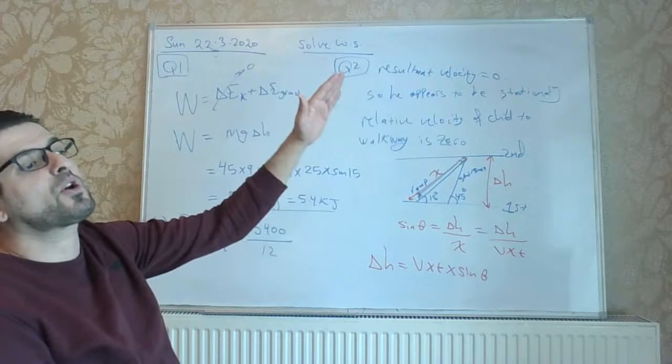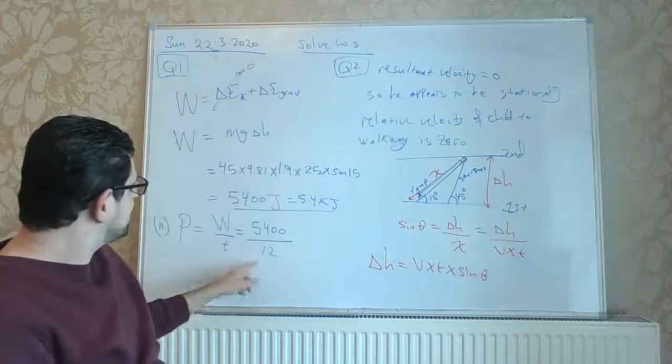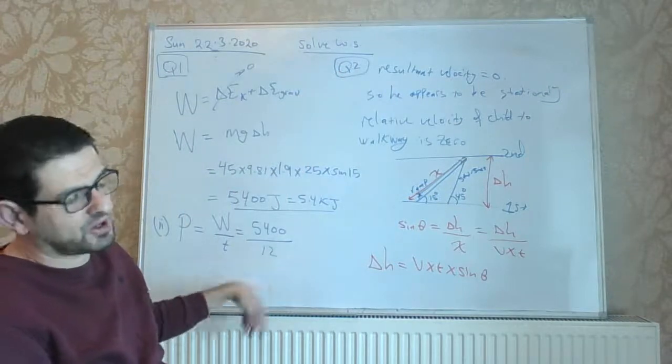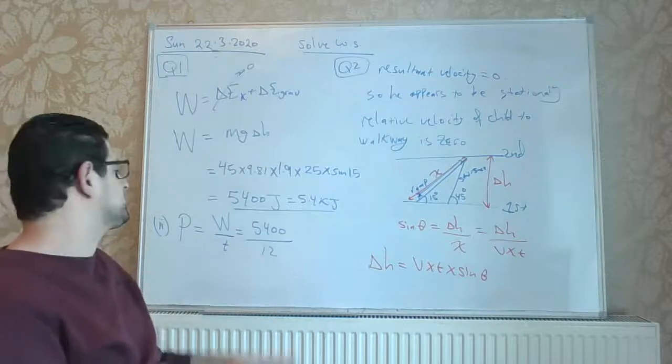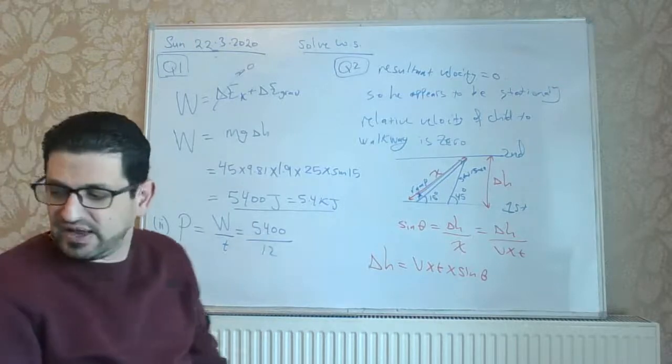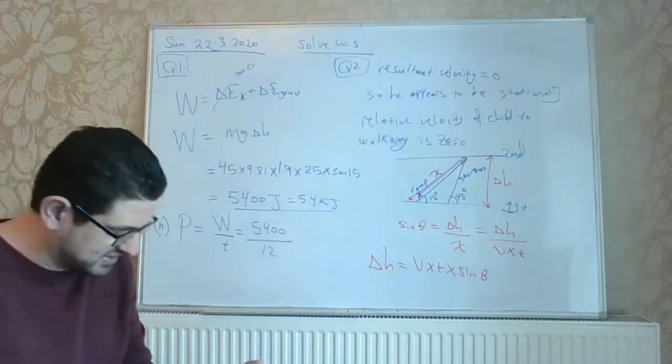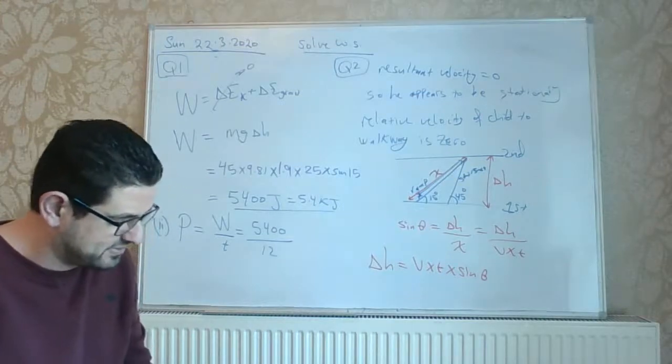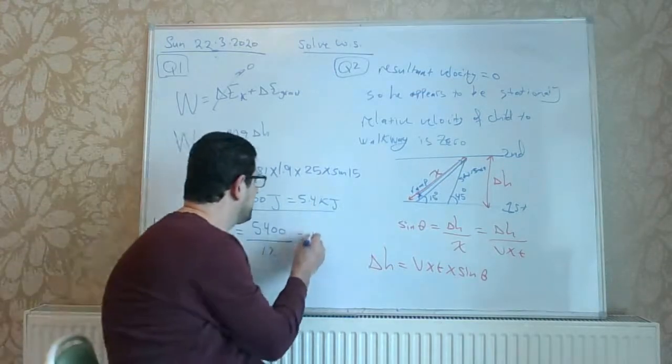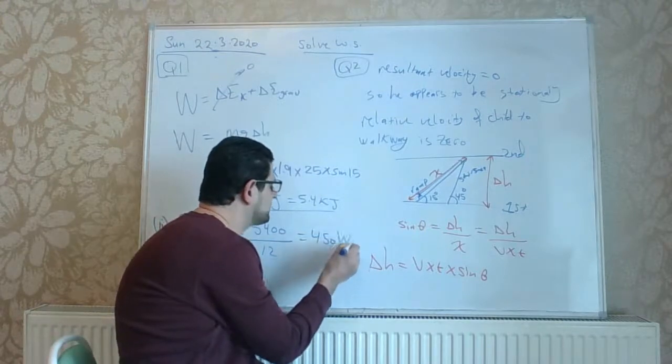And the more the angle, the more the work done. Maybe the time will be shorter, of course depending on the speed. The answer is 5,400 divided by 12, 450 watts.